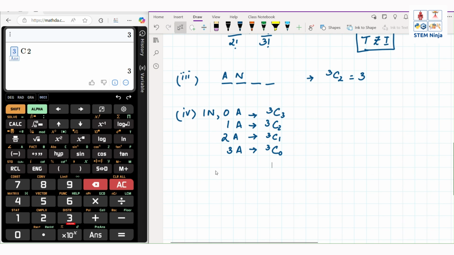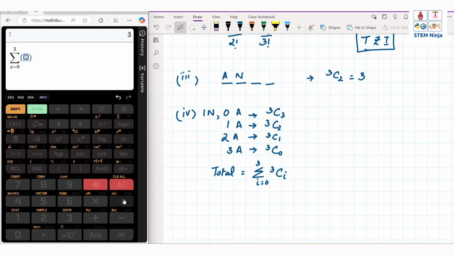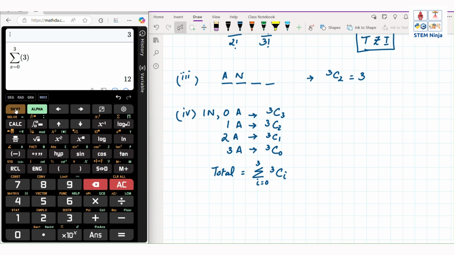So the total number of ways will be the sum of all these. You could do the sum for i equal to 0 to 3 of 3Ci. Either way is fine.